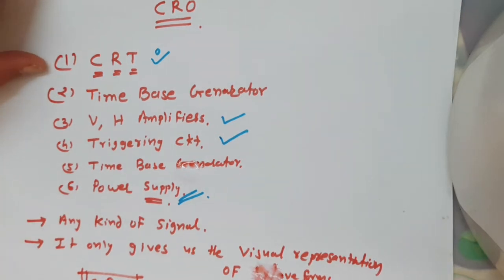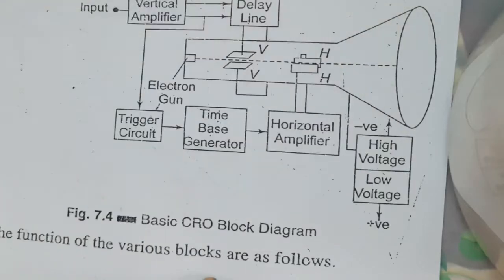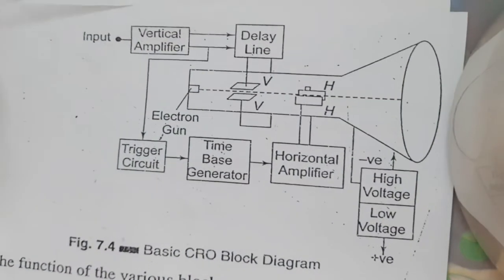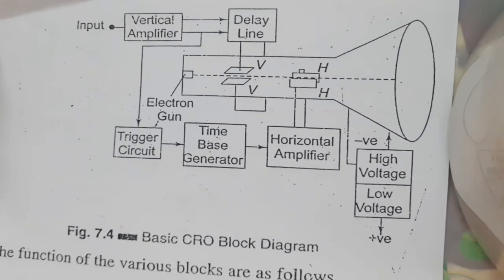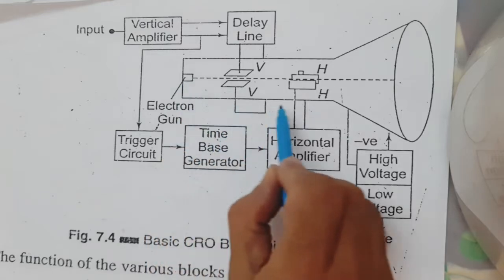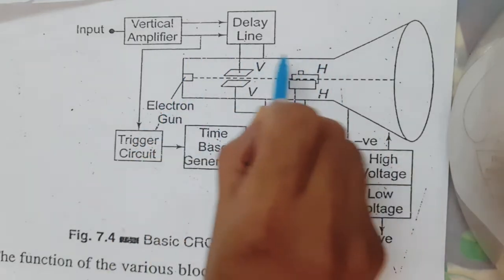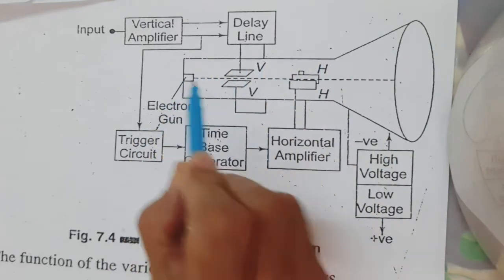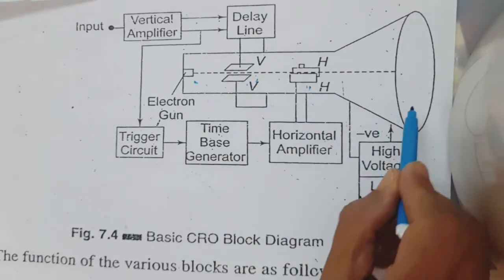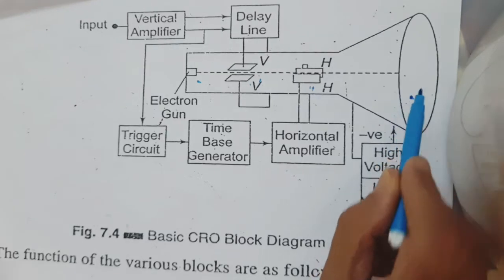Now we see the block diagram of the CRO, which we just revised. In this block diagram, this is your CR tube with the electron gun, vertical and horizontal deflecting plates, and this is your screen.